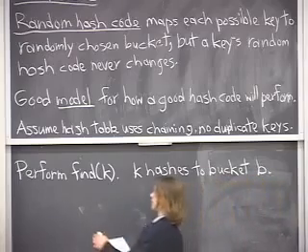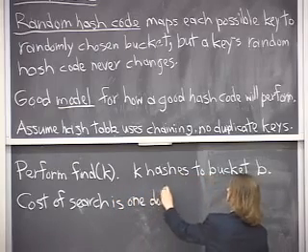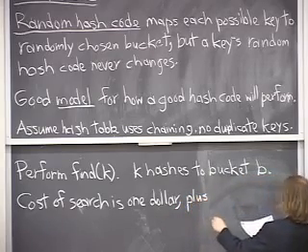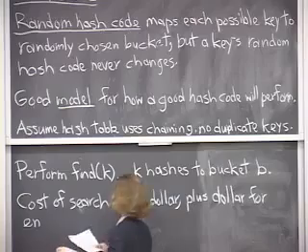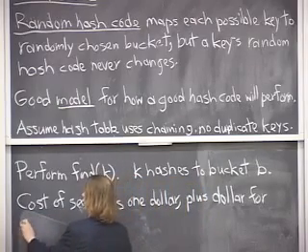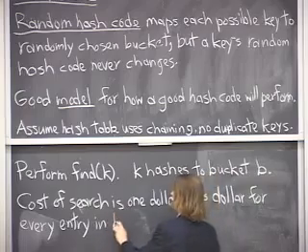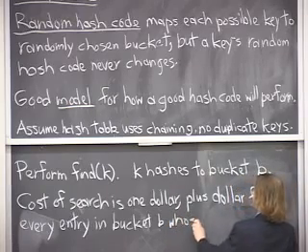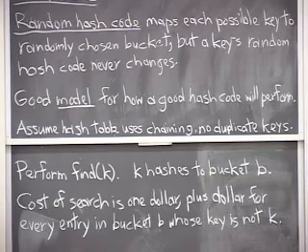So the cost of the search is $1, which is the cost of hashing, finding the right bucket, and checking if there's anything in it, plus an additional $1 for every entry in the bucket B other than K. And that last cost is the price of collisions.